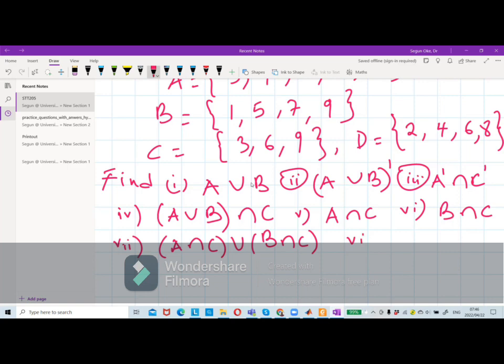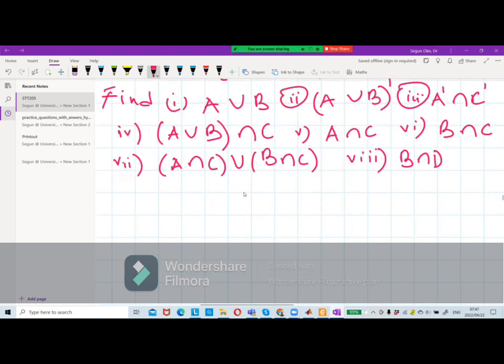Roman figure 8, B intersection D. Roman figure 9, B intersection D prime. But Roman figure 10, we have A minus D.